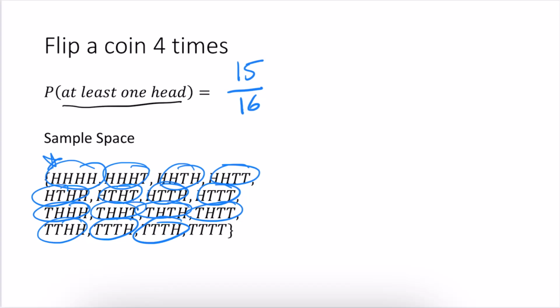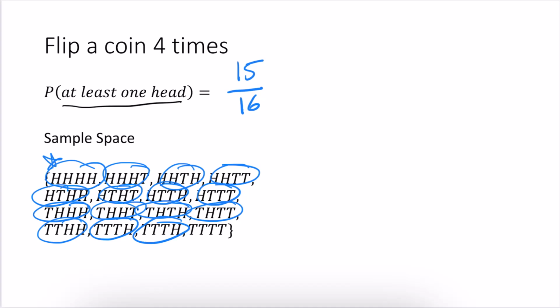So another way that we can think about this is we can think about what the opposite of getting at least one head is. And if you think about the opposite of getting at least one head, that would be getting all tails. Because when you flip a coin 4 times, you'll either get at least one head or you'll get all tails.